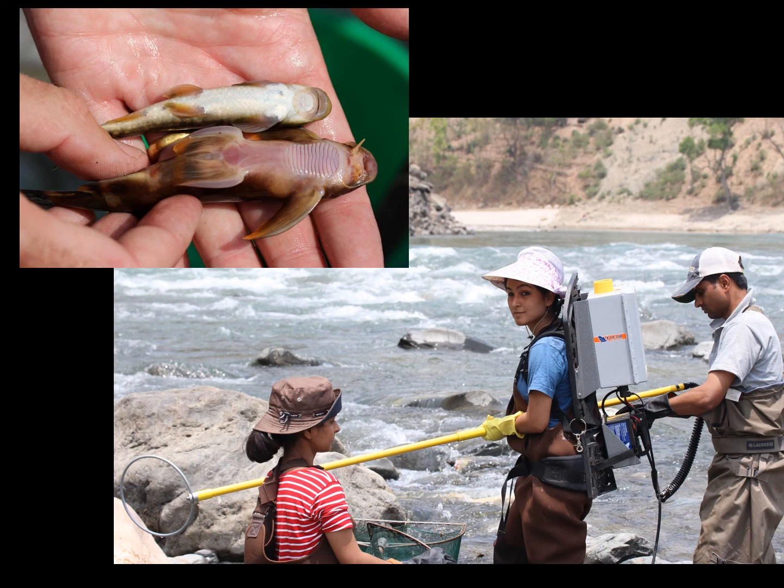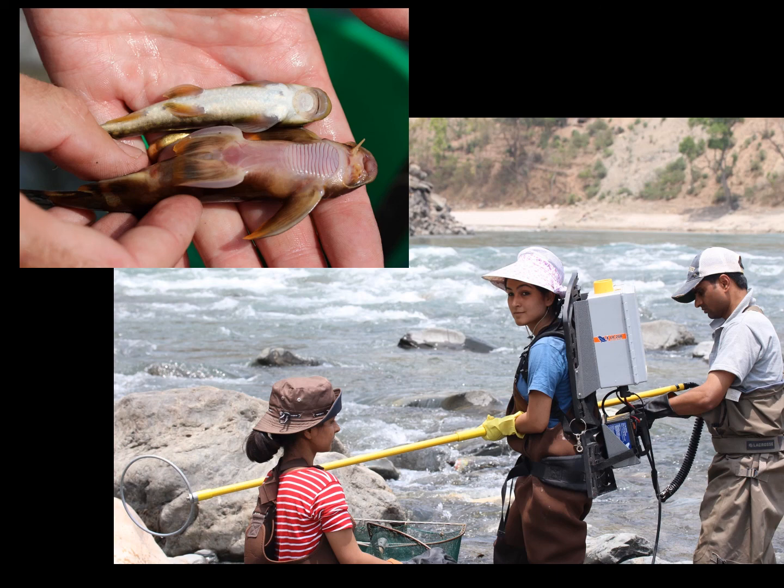So when you go up a little higher into the river, you get into these rapids. These are a couple students from Kathmandu University that came with us to do the work using an electrofisher. They did an awesome job, and they have really cool hats. And some of the fish we catch here are adapted to live in high flow velocity habitats.